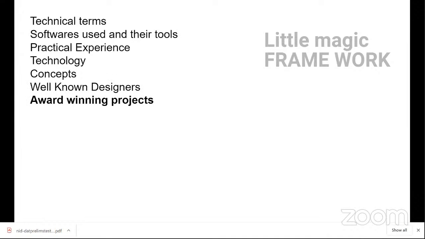Okay, another way of looking at things is the award-winning projects. Now these projects have won awards because they are very, very peculiar in some way or the other, right? So there are many well-known award websites, like for example, if it is international, you can look at Red Dot.